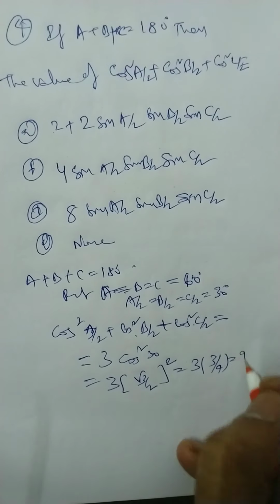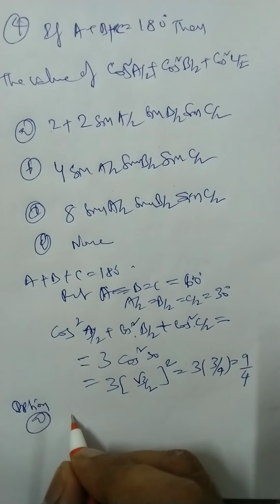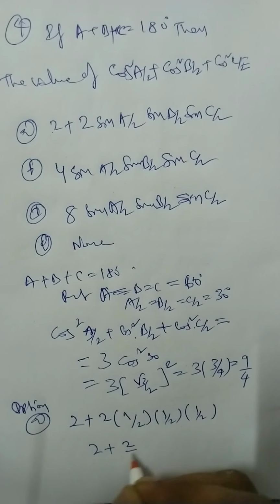Now you can check the same in the options. Go to option A and substitute the values A by 2, B by 2, C by 2 as 30, 30, 30. So you can see 2 plus 2 into sine 30, sine 30, sine 30. So 2 plus 2 times 1 by 8.